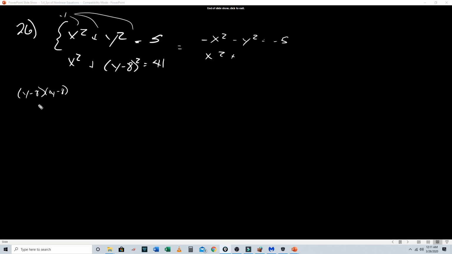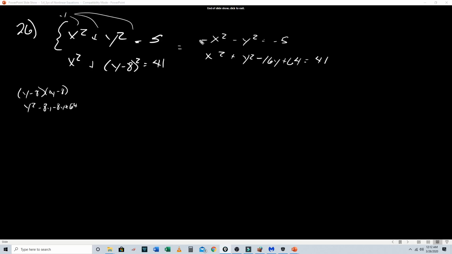If you know the trick, it's really easy to do, but if you FOIL it, y squared minus 8y minus 8y plus 64, that's going to give you y squared minus 16y plus 64 is equal to 41.